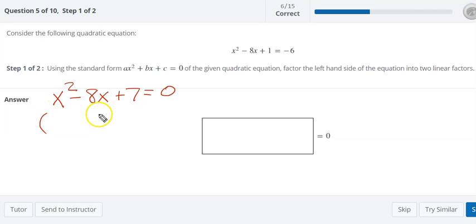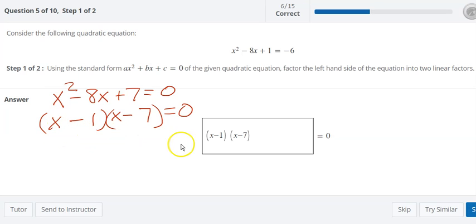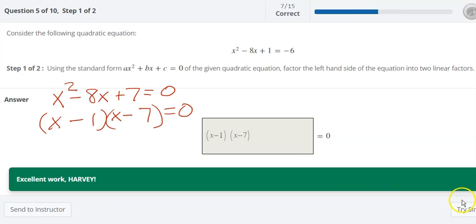So now they're asking us to factor this. And generally, these aren't too difficult. What do you think your signs would be if this is a positive and this is a negative? Well, both of these have to be negative. So let's put that in there. So there it is. And submit. And we have that right.